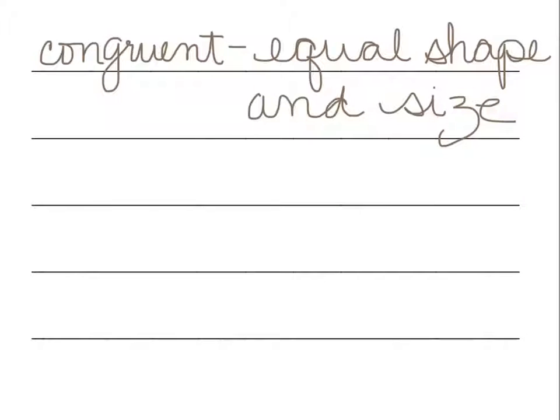Equal shape and size. So if I were to draw a triangle and another triangle, excuse the squiggly line there, those would be congruent triangles because they're equal in shape and size.